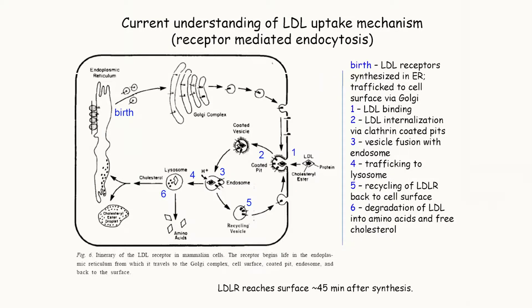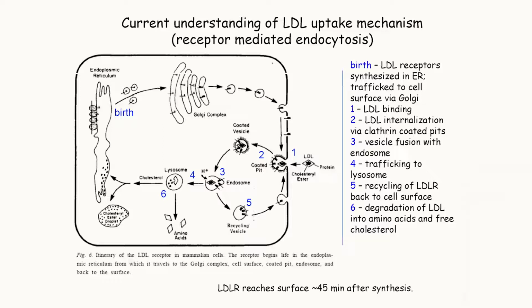So the next thing that has to happen, again, and we haven't talked about the data for this at all, is that not only do these receptors have to arrive at the surface, but they in some way need to cluster. And it's only when they cluster that they form the right kind of structure that then can be recognized by the LDL particles that we've talked about. And so they bind in some way, and that's the first step in the overall process.